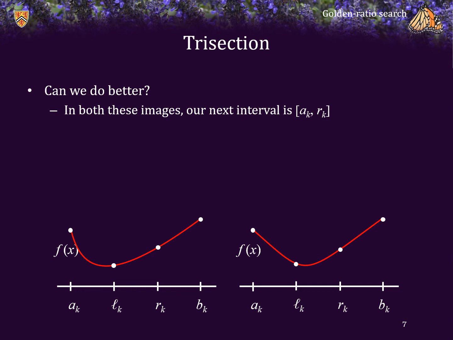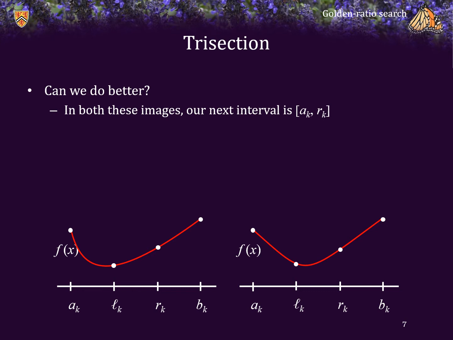Consequently, that's about it, because notice on the left example, the minimum appears to be to the left of the left interior point, but in the right-hand image, the minimum appears to be slightly to the right of the left interior point. So we cannot restrict the interval any more than by reducing it by a factor of 2/3.